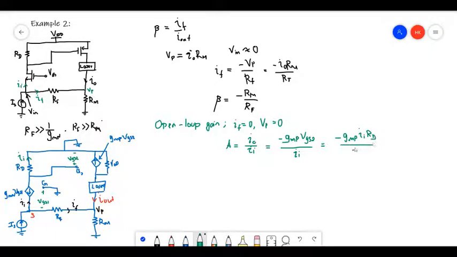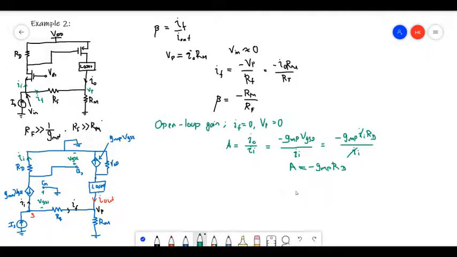This will be divided by I. When I cancels out, our open loop gain will be minus GMP RD.